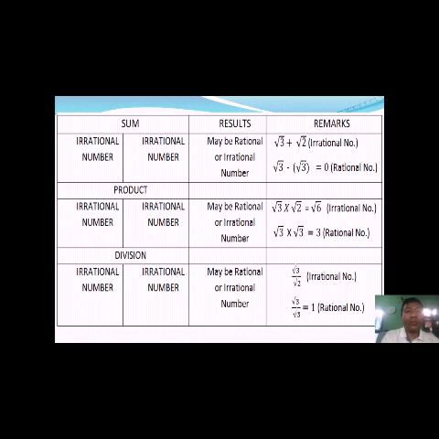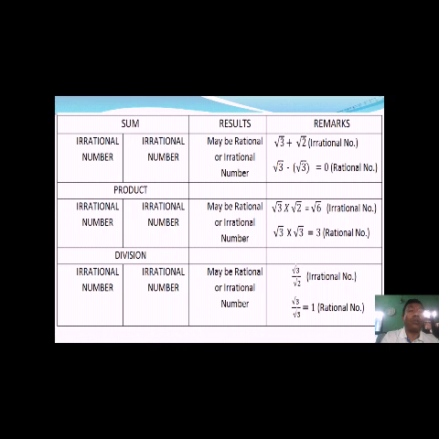Next, let us see the sum, product and division of two irrational numbers. When you add two irrational numbers, the result may be a rational number or an irrational number. For example, when root 3 is added to root 2, you get root 3 plus root 2, which is an irrational number.